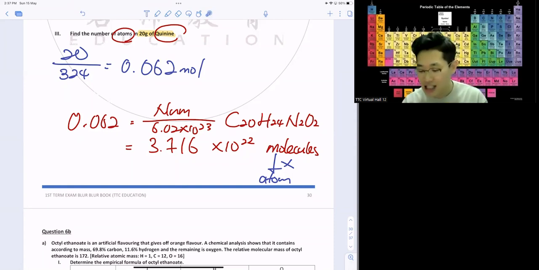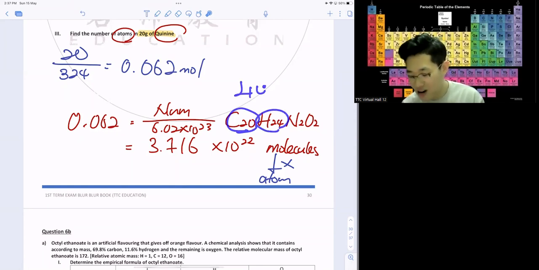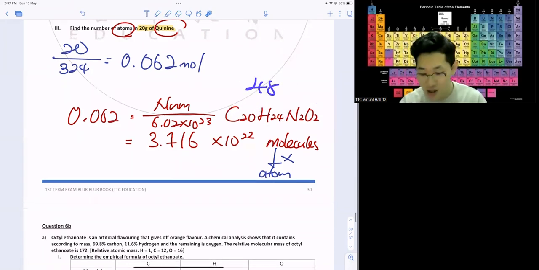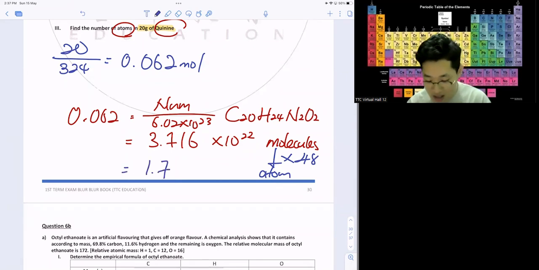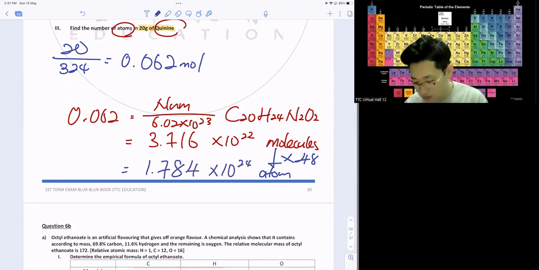There are how many atoms in this molecule? 20 plus 24, 44 plus another 4 is 48. Right? So we times 48 to get 1.784 times 10 to the power of 24 atoms.